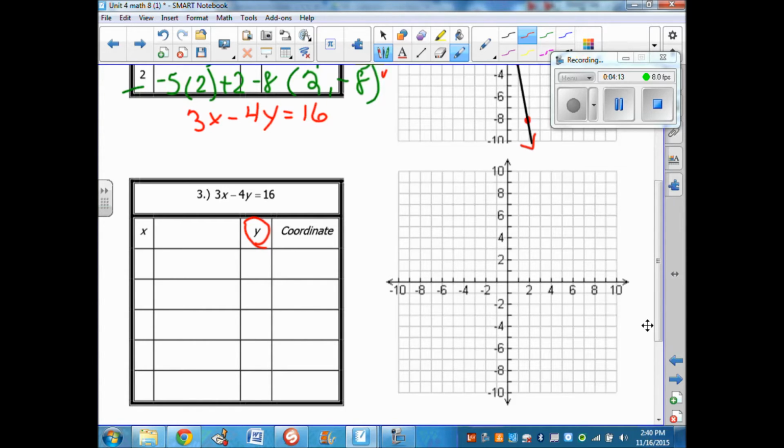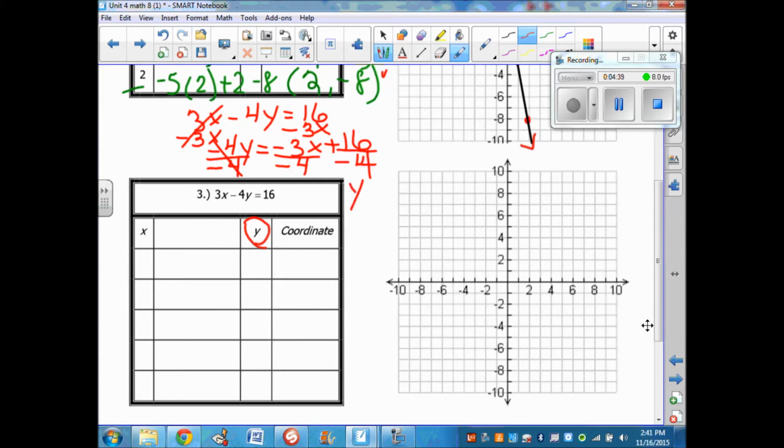So how do I start to isolate y? Well, I need to subtract 3x from both sides, and then I'm left with negative 4y equals negative 3x plus 16. And to continue to get y all by itself, I've got to divide everything by that negative 4.